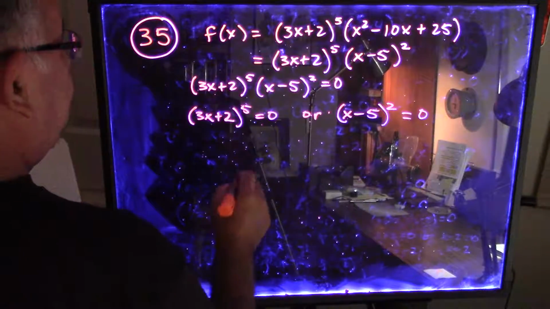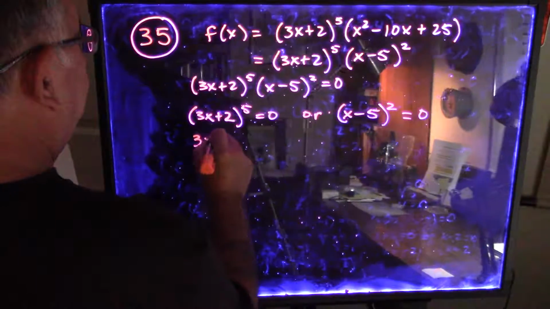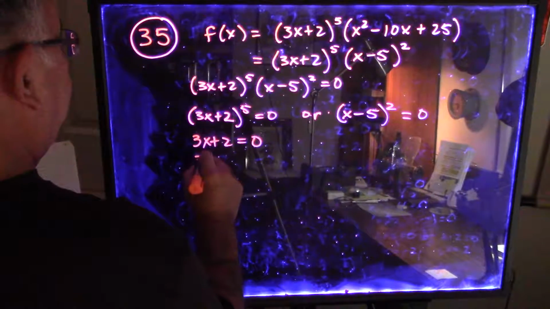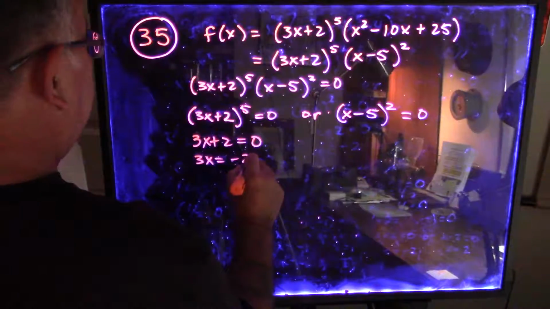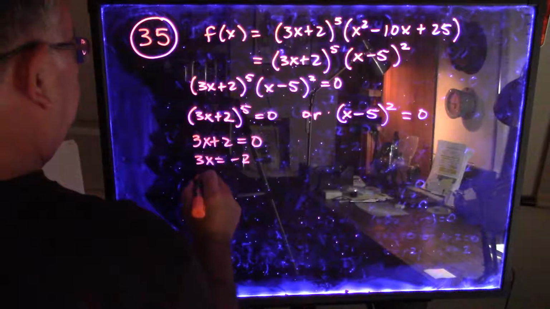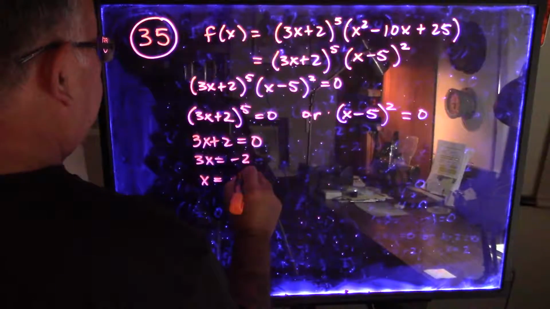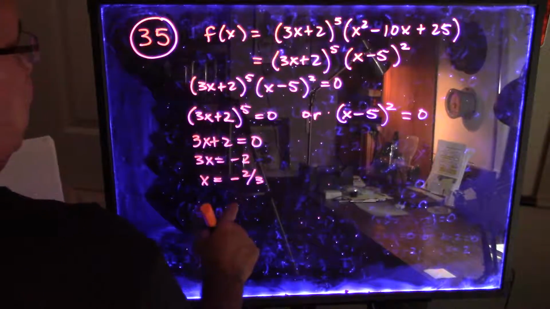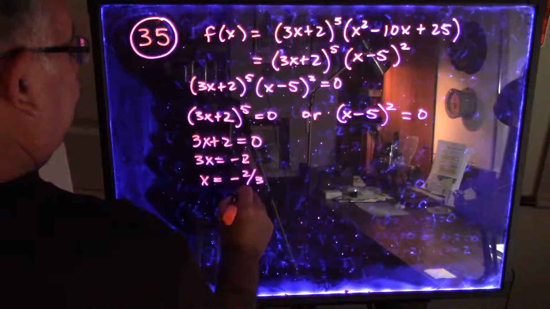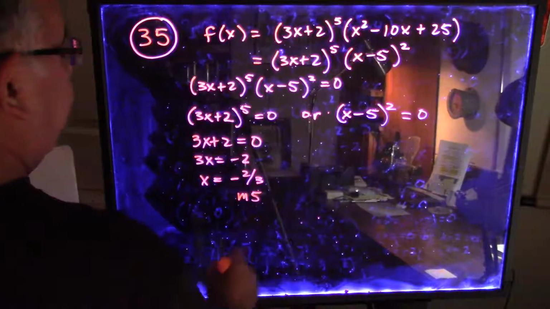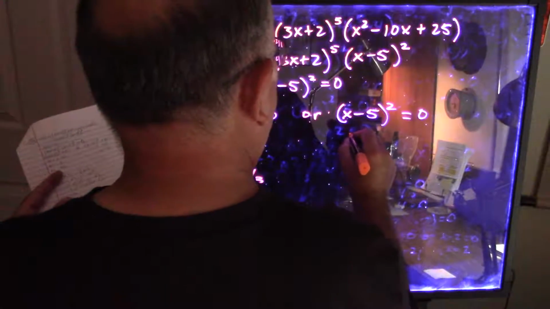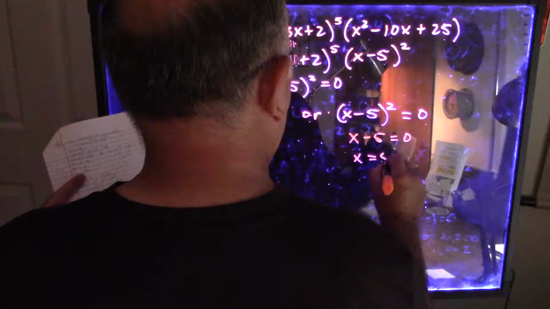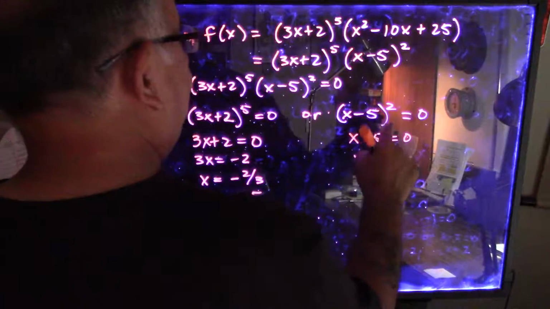And so 3x plus 2 equals 0, and 3x equals negative 2. So x equals negative 2/3. And the multiplicity on this would be 5, m5. And here we've got x minus 5 must equal 0, so x equals 5, and the multiplicity is 2.